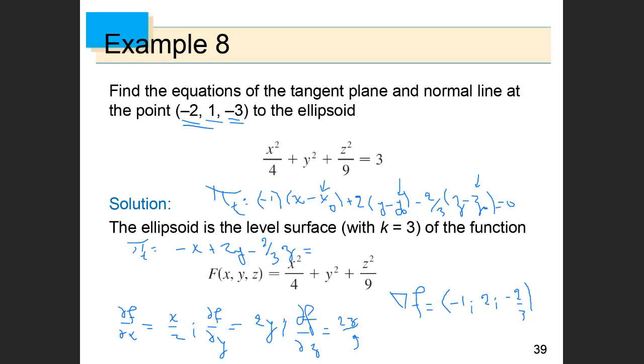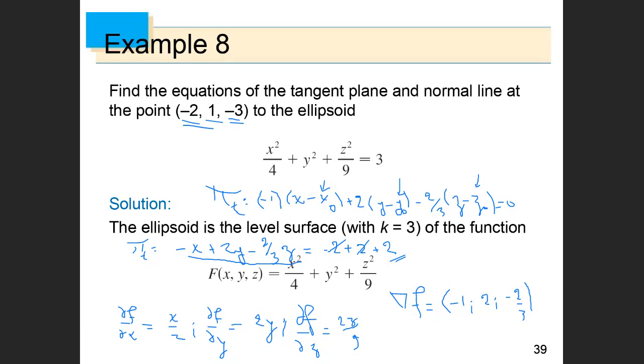I have -1 times -2, which gives +2, then 2 times -1, which is -2, and on the other side -2 over 3 times +3, which is -2, so bringing it to the other side it's +2. So this is the equation: minus x plus 2y minus 2 over 3 z equals 2. This is the tangent plane.